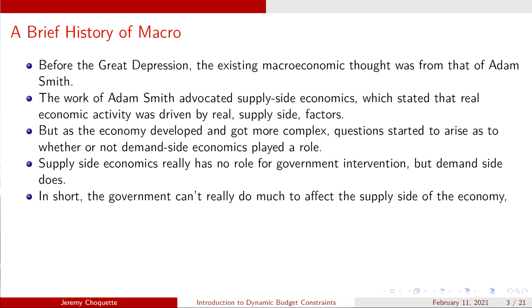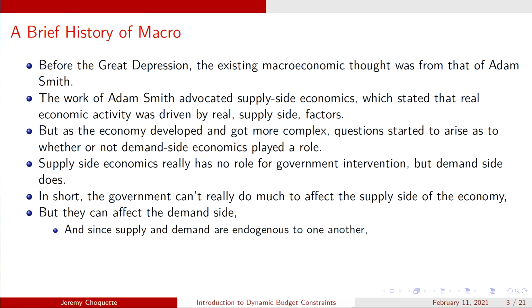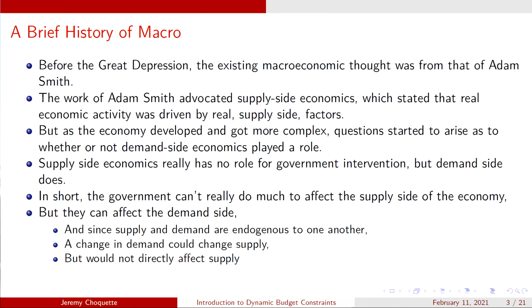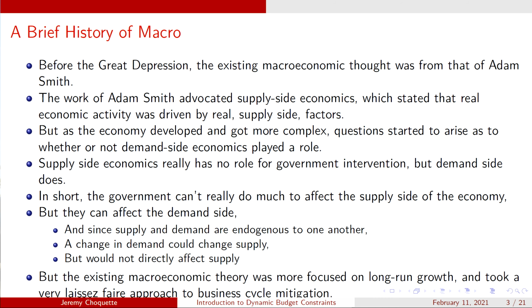There's a much bigger role for government intervention when it comes to demand-side economics. Basically, the government can't do much to affect the supply-side factors of the economy, but they can affect the demand side. Really, the whole point of demand-side economics is to stabilize aggregate demand. It's not to stabilize aggregate supply. But since supply and demand are endogenous to each other, a change in demand could change supply, but it wouldn't directly affect supply.